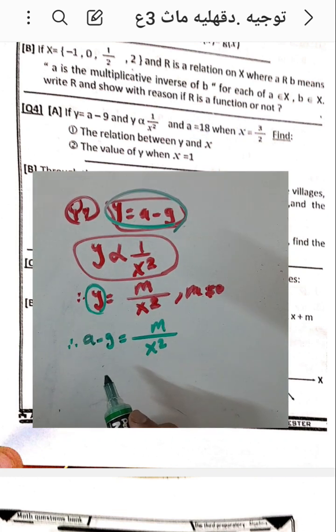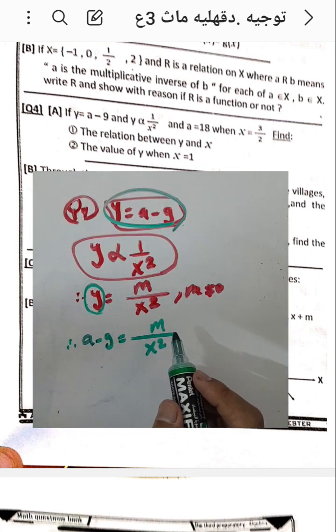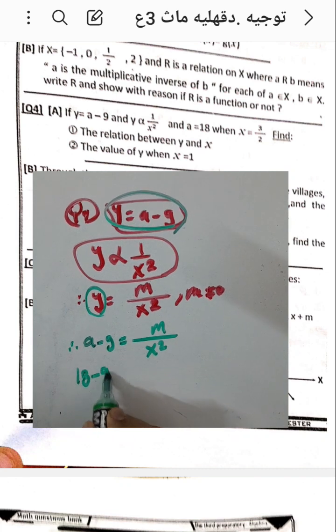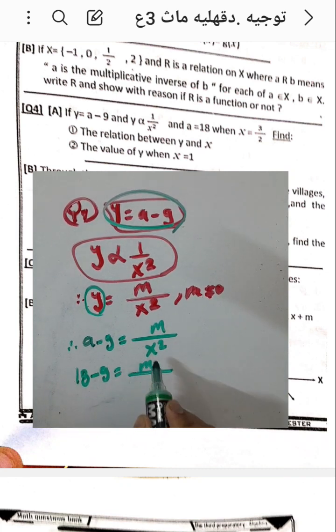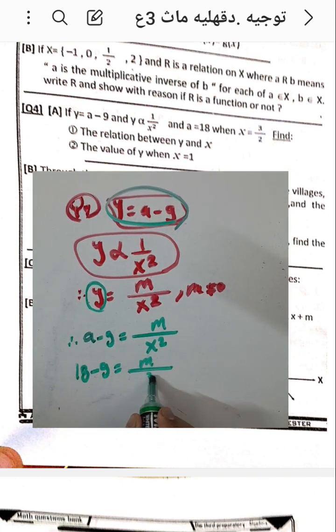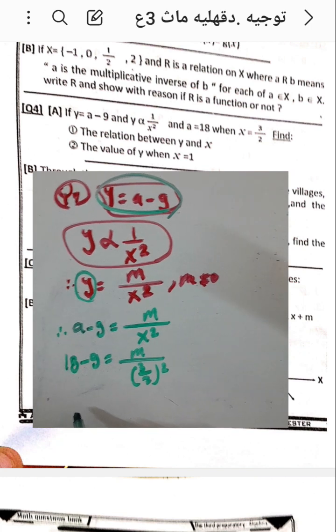To find the value of m, put a equals 18 here. Then 18 minus 9 equals m over x power 2. Write 3 over 2 here, power 2.